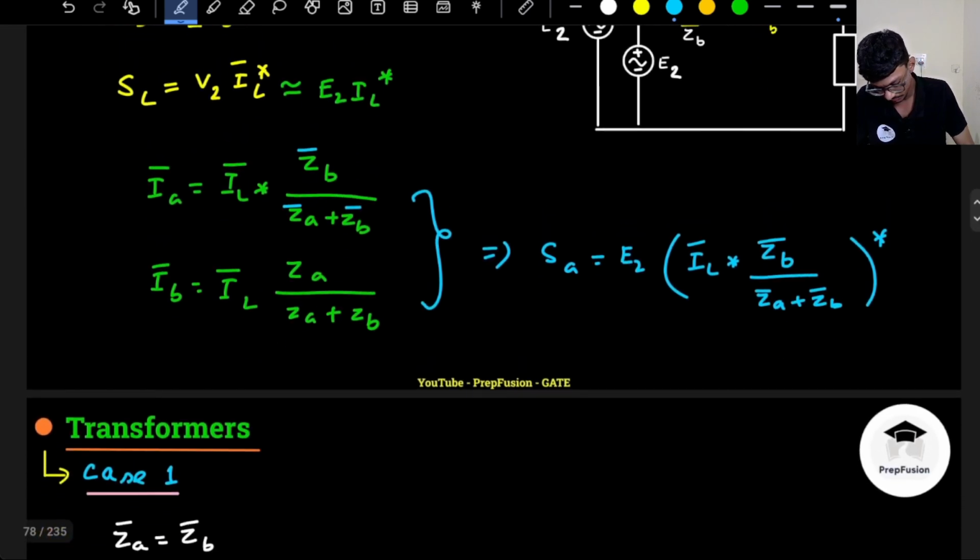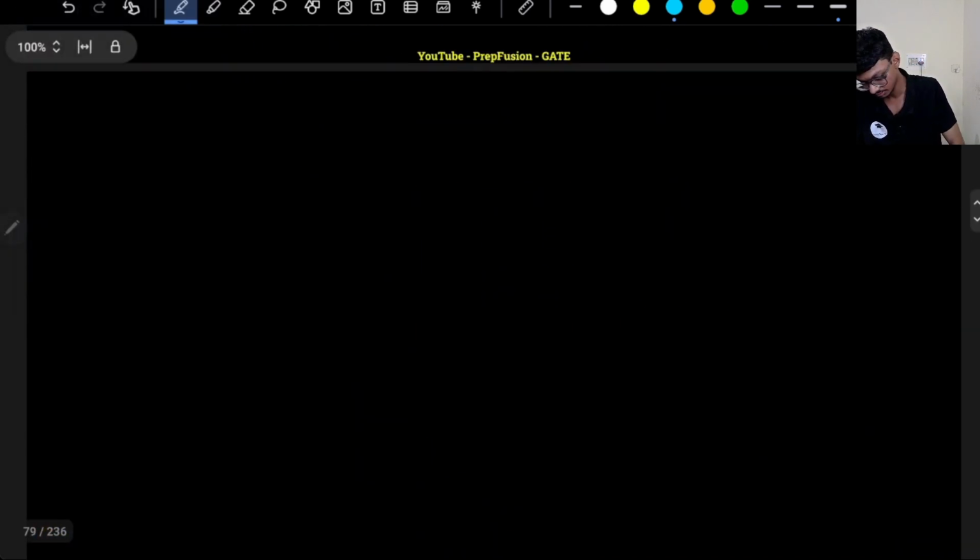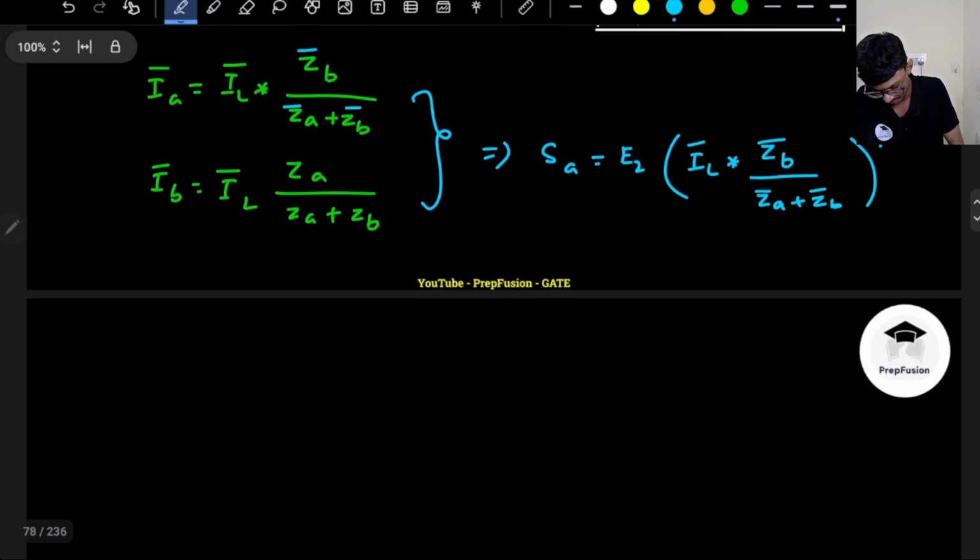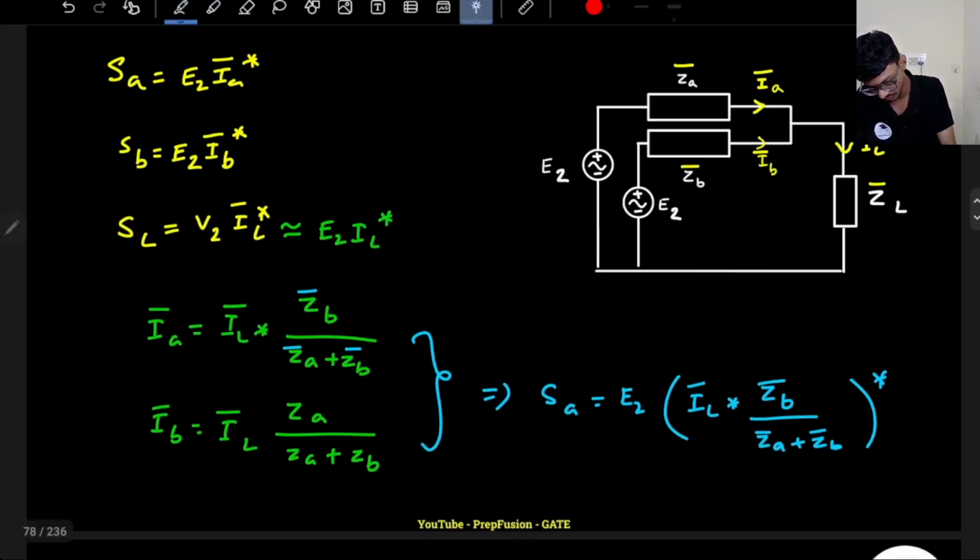SA will be equal to E2 into IL conjugate. What is E2 into IL conjugate? It is SL.